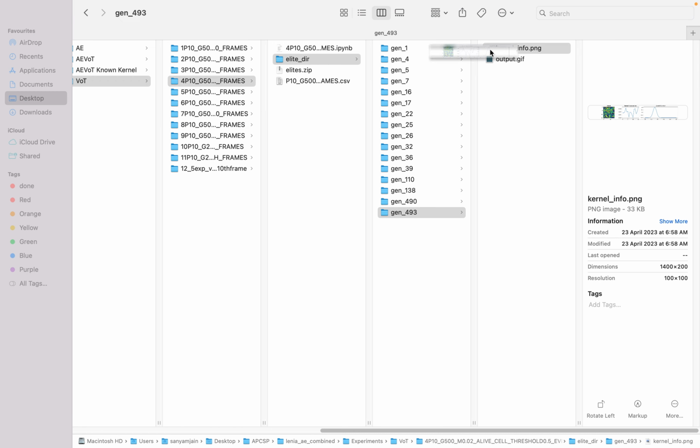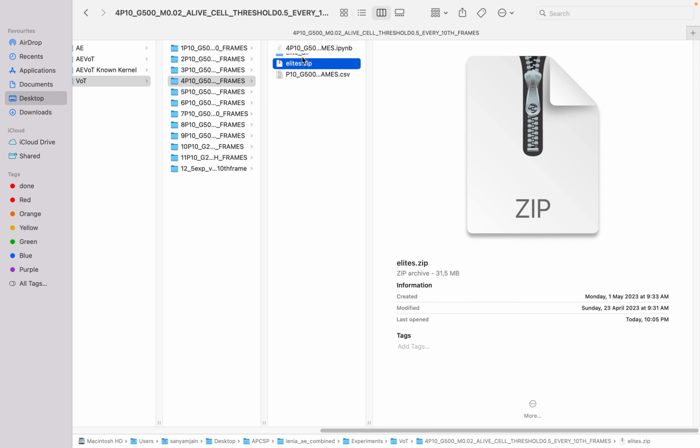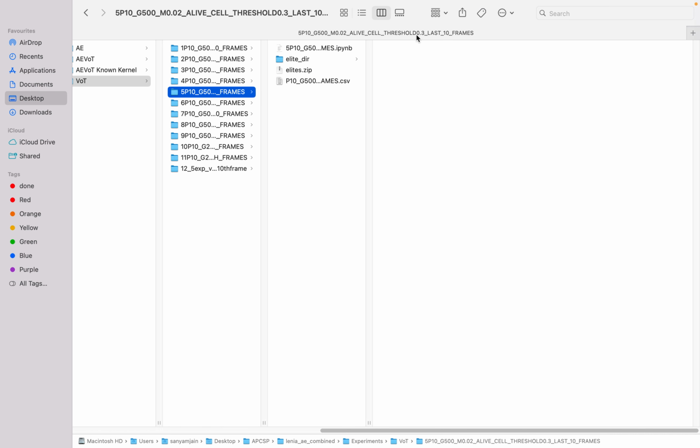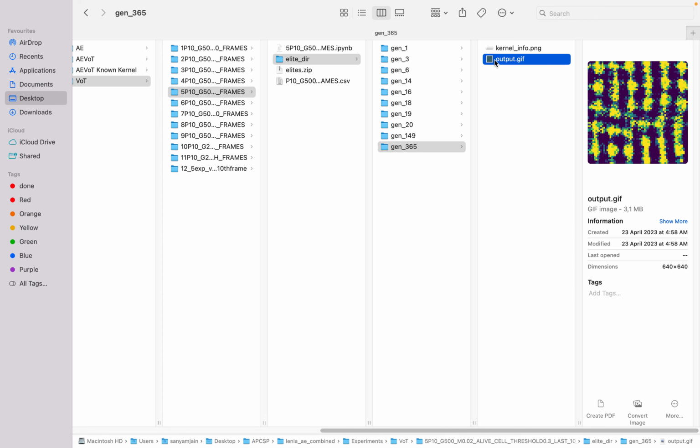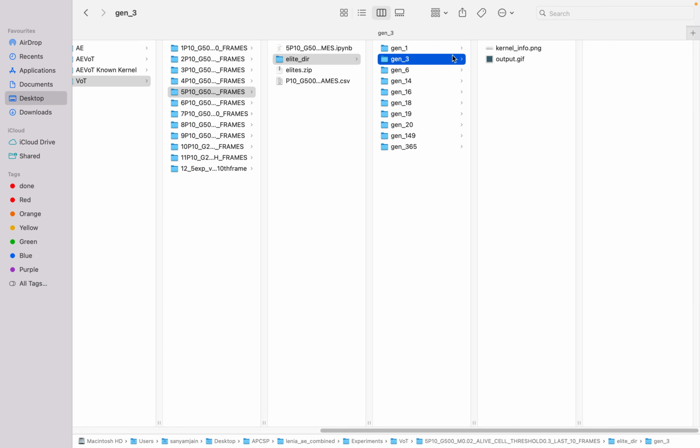initial frames. Okay, let's check for last 10 frames, cell threshold 0.3, and this is okay.